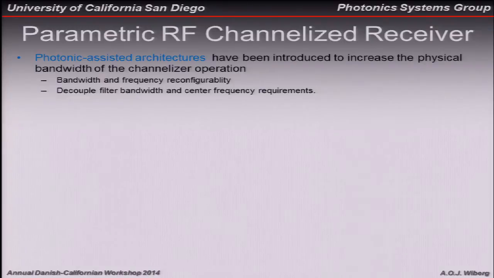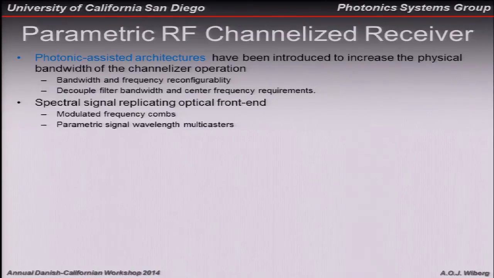One way of addressing this is to use photonic technology to channelize the spectrum, because in the photonics domain you can decouple the shape of the filter and the frequency that you want to look at. That's a very unique property.